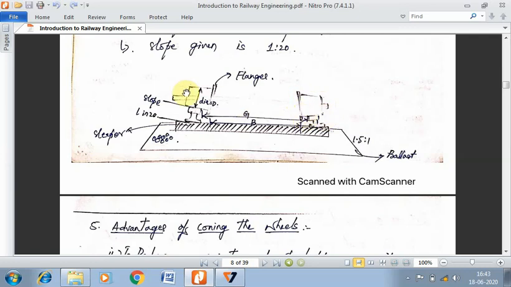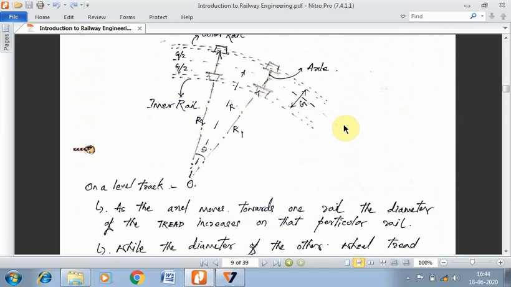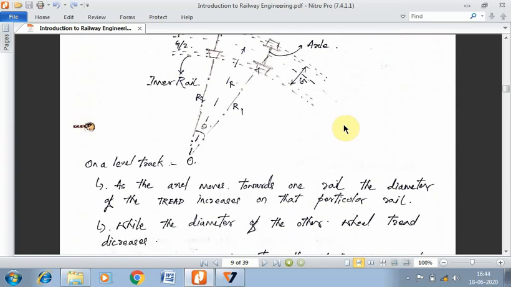Right. So when the vehicle is, say, moving to the right, then the diameter of the tread will be more here, and it will be the least here. Okay, so that is what is being told in this particular case. So when the axle moves to one rail, the diameter of the tread increases on that particular wheel. On the other hand, the diameter of the tread on the other wheel, which is joined with the same axle, will decrease.